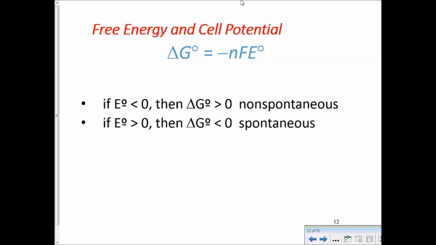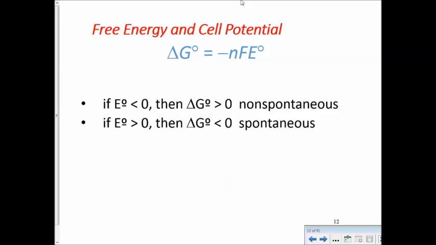All right, so one thing to note, because we're now relating cell potential to delta G, we can tell something about our particular cell if we know the E cell, cell potential, or if we know delta G. If delta G is negative, we know that E cell must be positive, and we know that it's a galvanic cell or voltaic cell.